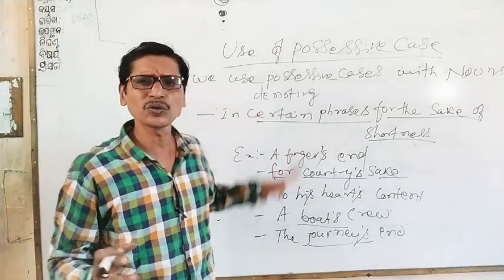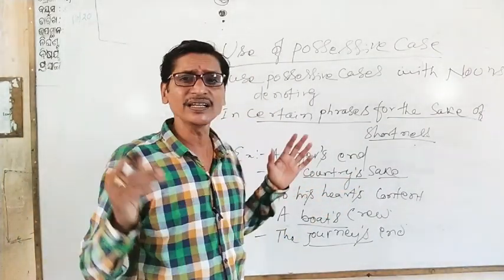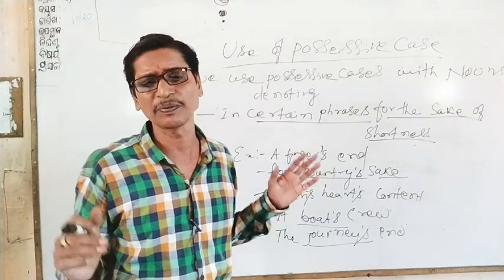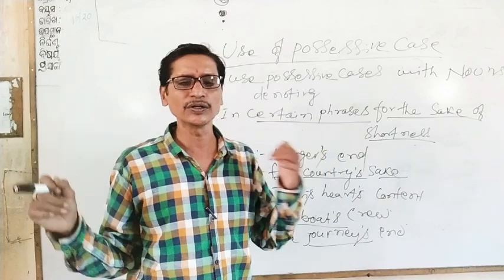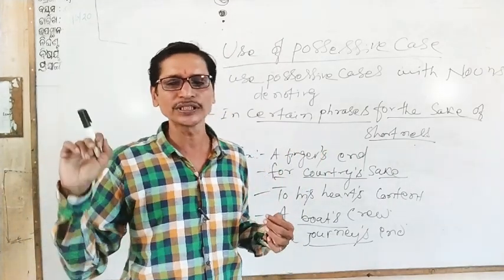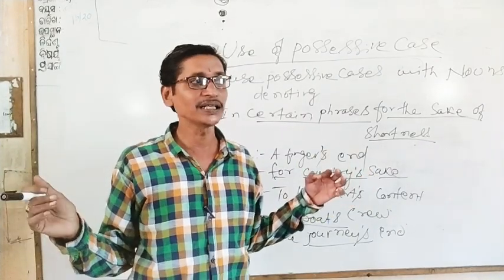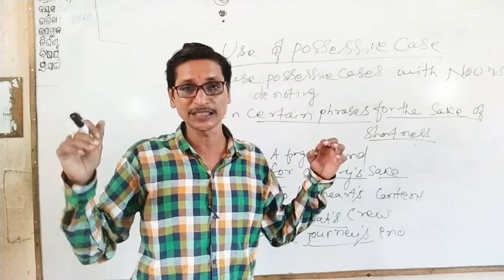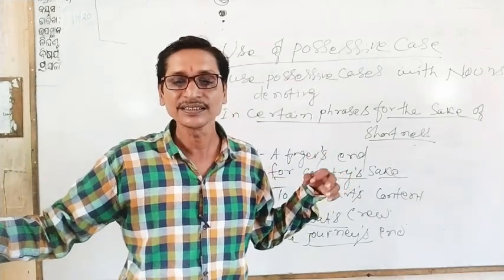Okay, so today we understood several rules where we can make possessive cases of nouns. For example, we understood that for nouns denoting living things, we use the possessive case with them. For nouns denoting personified things, we use the possessive case. Similarly, we use the possessive case with those nouns denoting some dignified objects.